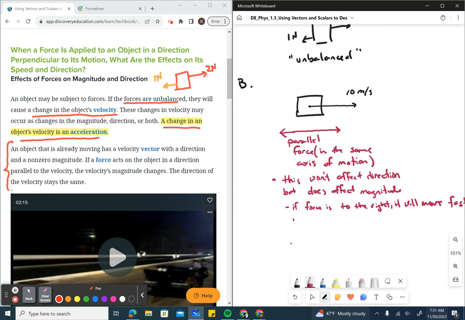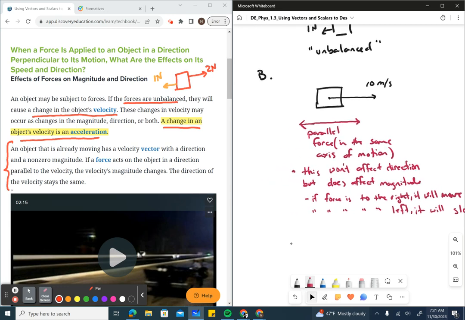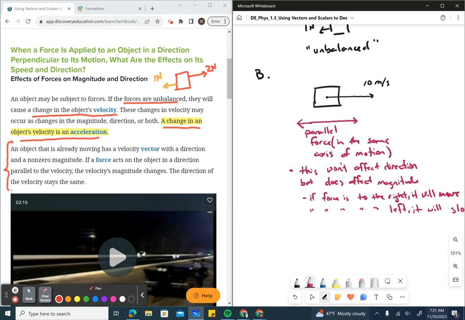And conversely, if the force is to the left, it will what? It'll slow down. Okay, so these were parallel forces, right? This was a parallel force.